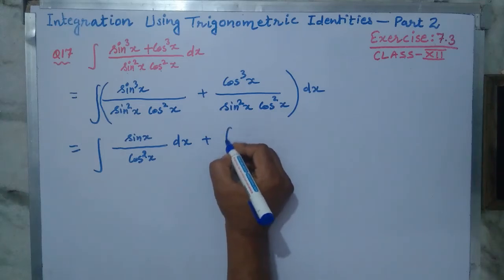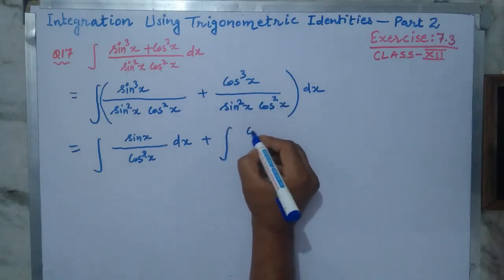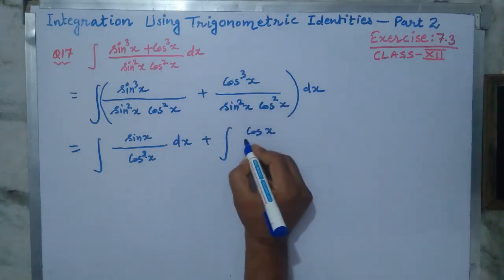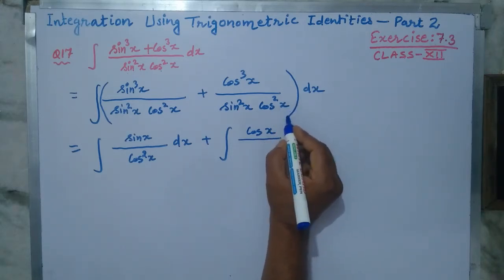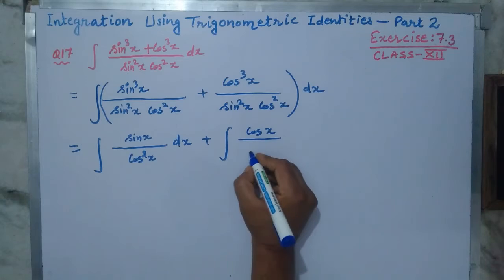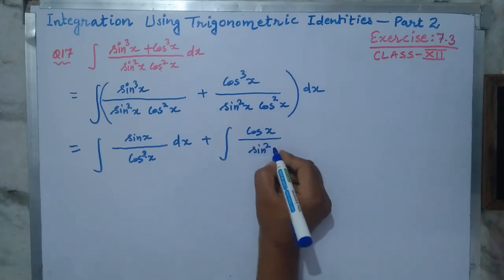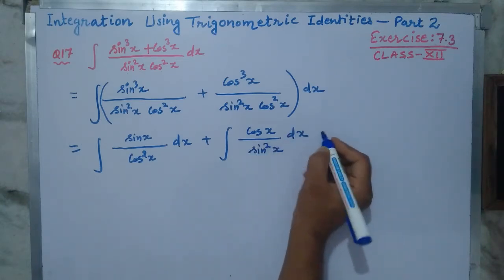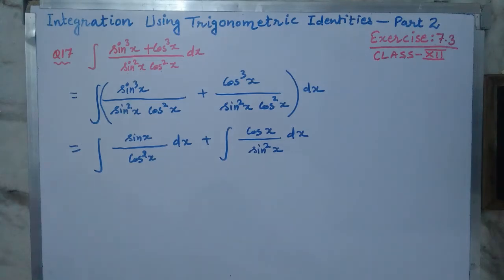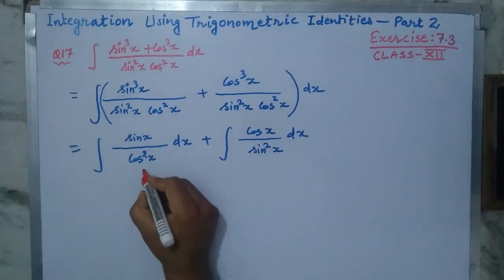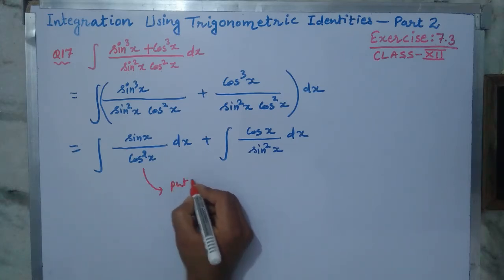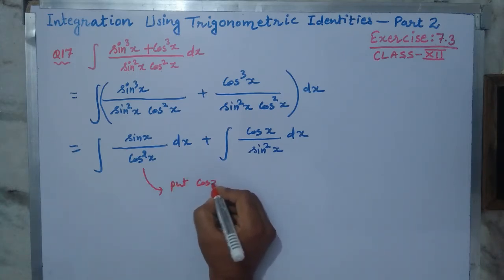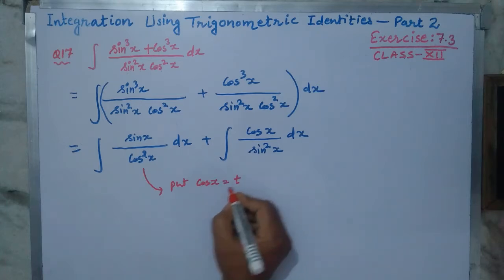In second part only one cos of x is left and in denominator sine square x dx. So in two integrands what we do, first of all here we put denominator cos of x is equal to t.